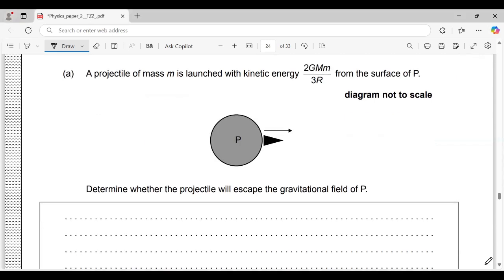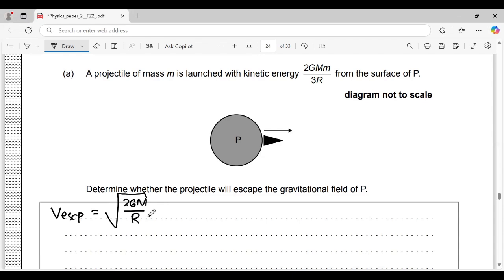The escape velocity is given by this formula: the escape velocity is the square root of 2GM over r, where G is the gravitational constant, M is the mass of the planet, r is the radius of the planet.